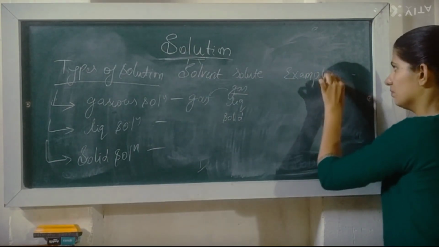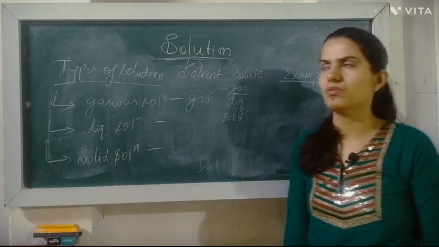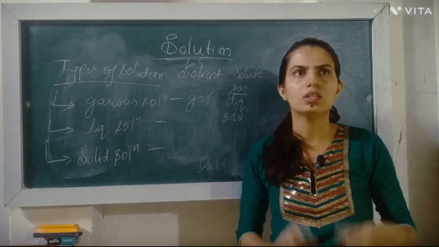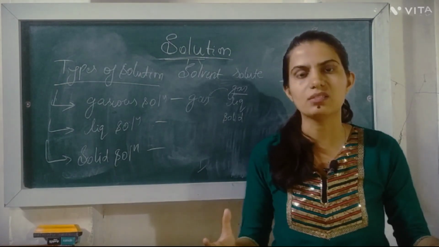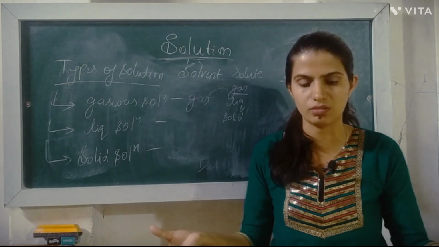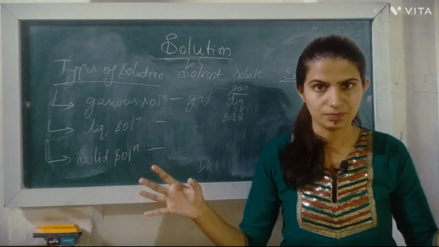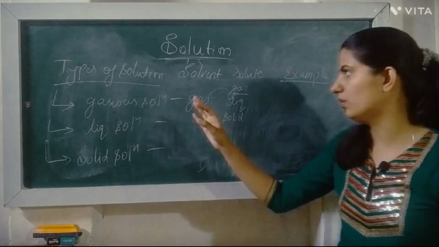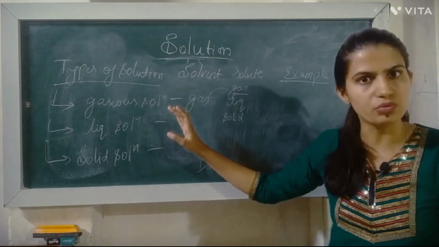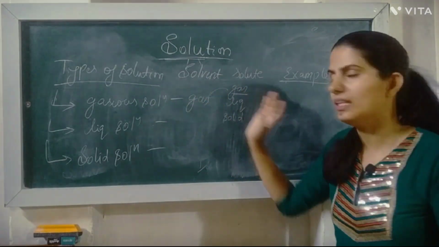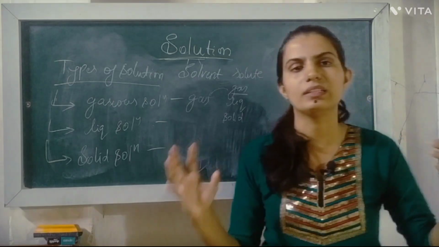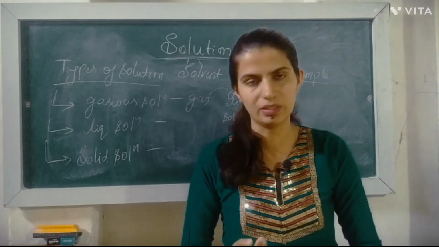Where do we see a solution which is a mixture of gas? Solute is also gas and solvent is also gas. Air. Air is the best example for gas in gas, gaseous solution, because in the air we have many different gases like oxygen, carbon dioxide, nitrogen and many other gases are present.